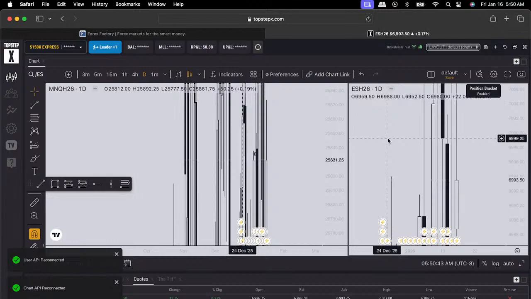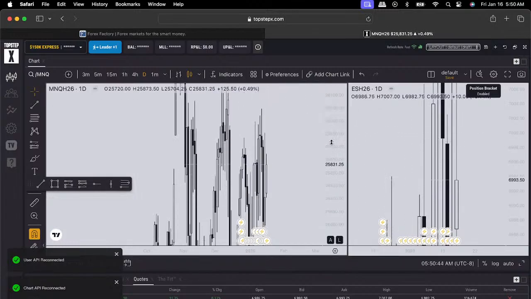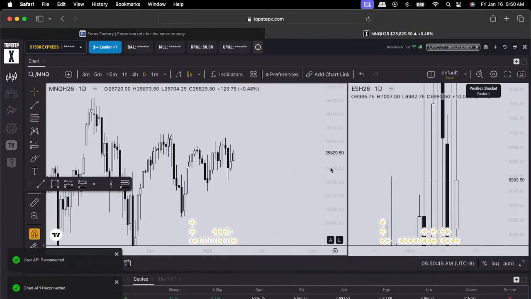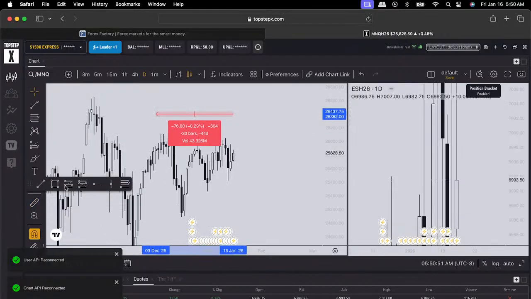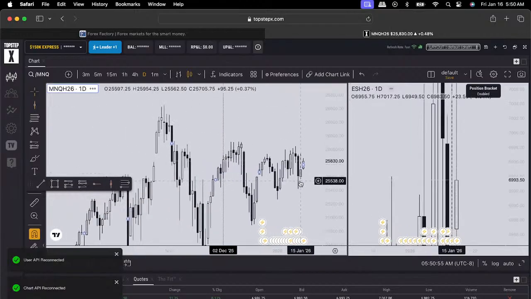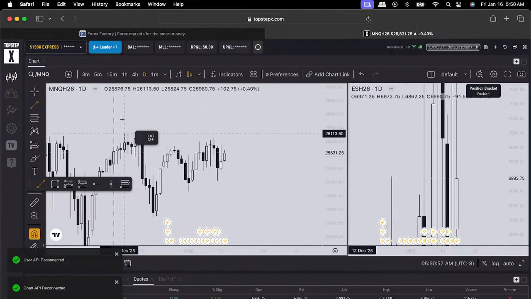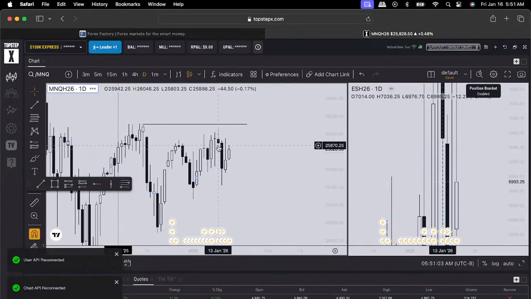So, obviously, starting off on the daily for both time frames. Again, 30 bars. Gotta see what's relevant, so anything past that. We still have these highs that we could target over here. We also have these ones.